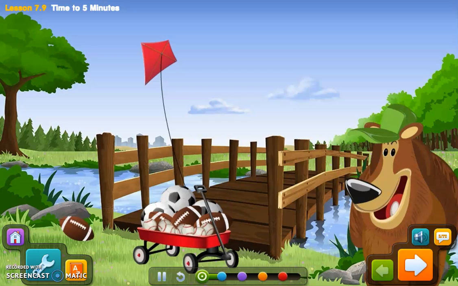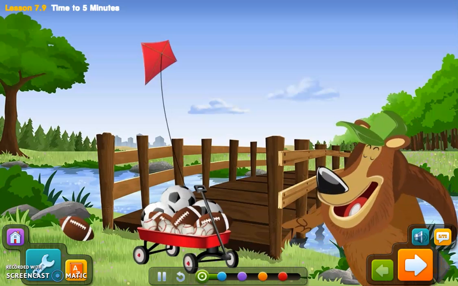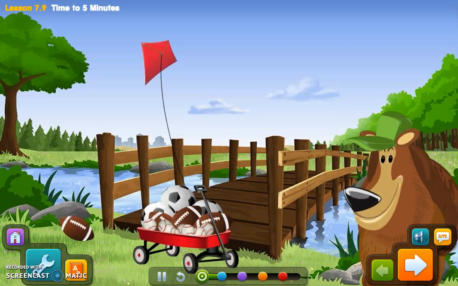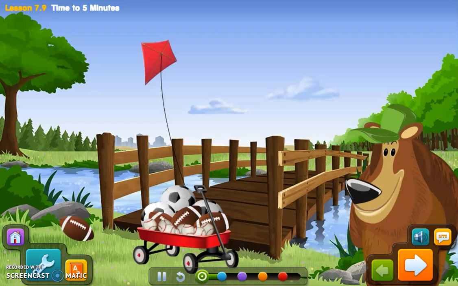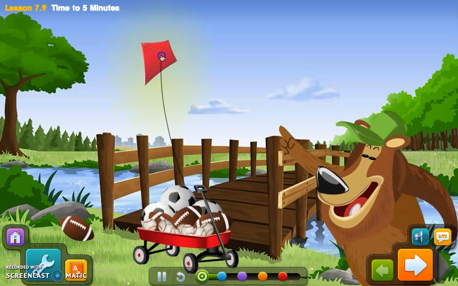Well, hello! Today is a fun day here, but seeing you makes it even better. There are a lot of kids here today. See all of their toys? Each group of kids is out doing different things. I don't see any of them. Do you? Well, they're all supposed to meet at the bridge at a certain time. Click the kite to find out what time.